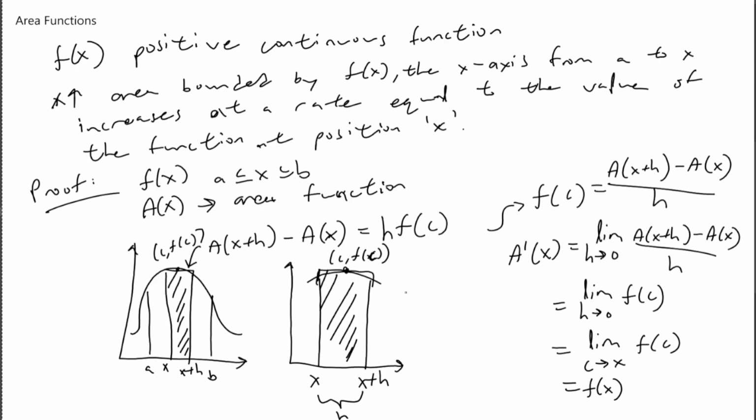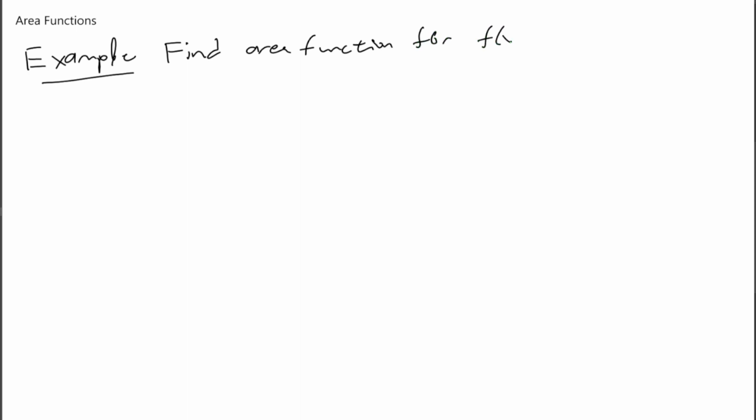All right, and now let's do a quick example to wrap this up. Find the area function for f of x equals x squared plus 1 on the bounds of 1 to 3.